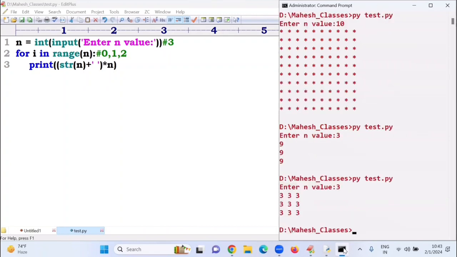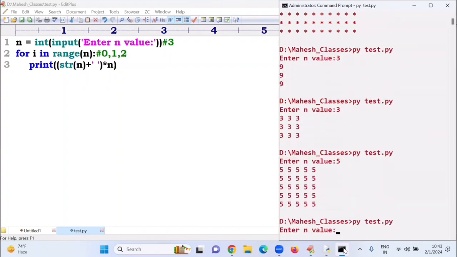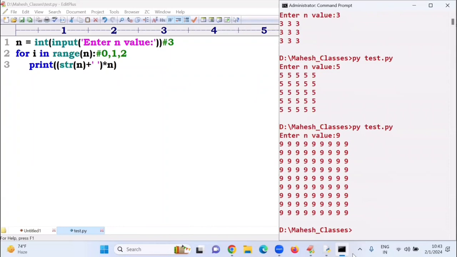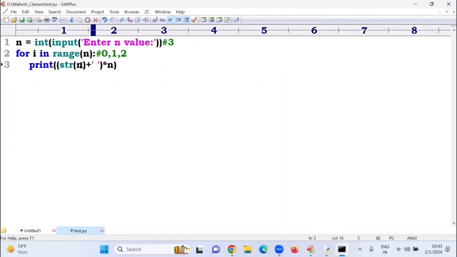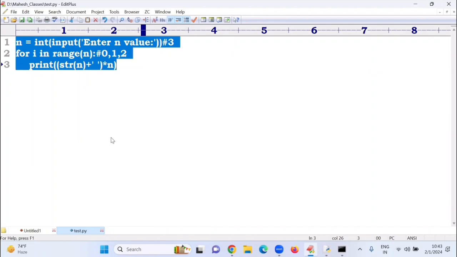Now, give 3, give 5, give 9. Came. So integer converted to the string. And if you want to give direct n, possible, remove here into. Then automatically what is the type? Str type only. Then that is also valid only. That case also.